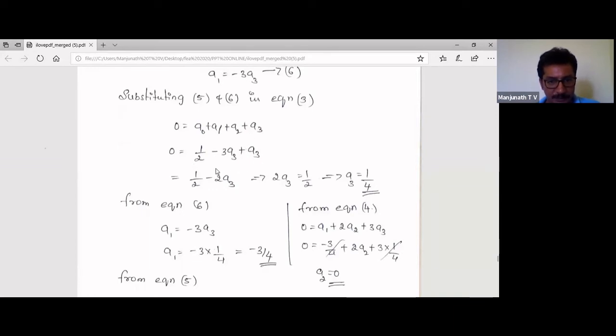On simplifying, minus 3a3 plus a3 is minus 2a3. Sending it to the left side, this becomes 2a3 is equal to 1 by 2, then a3 is equal to 1 by 4.